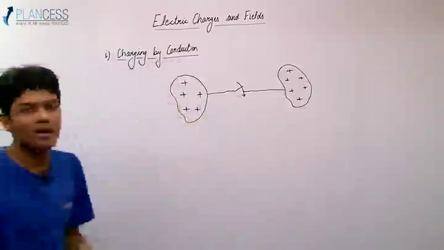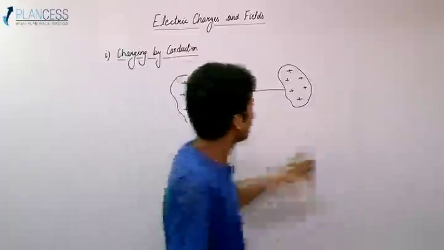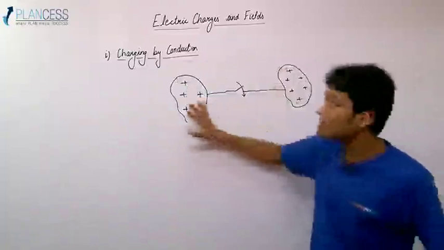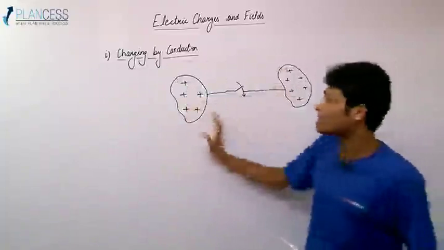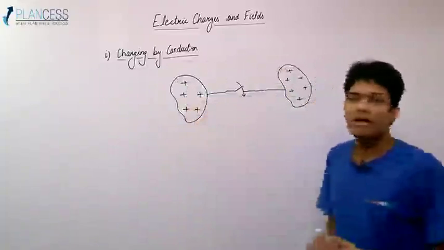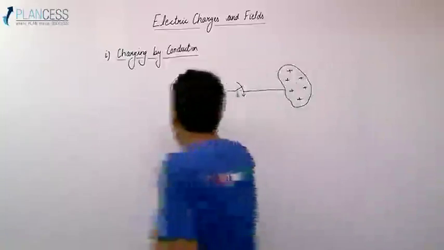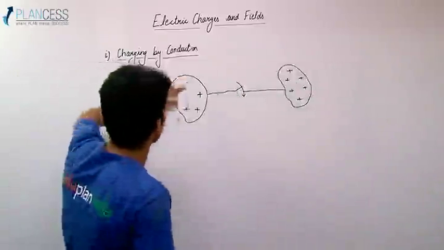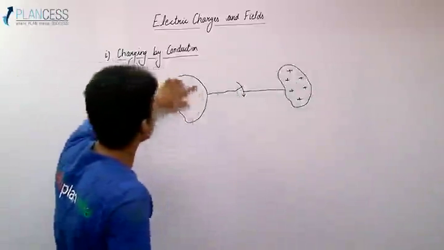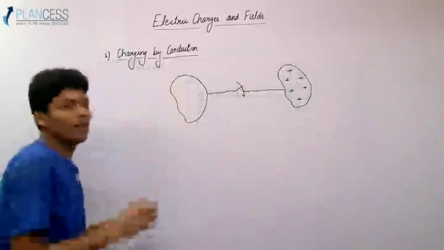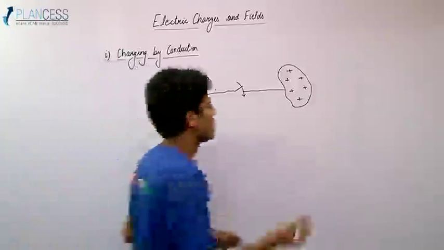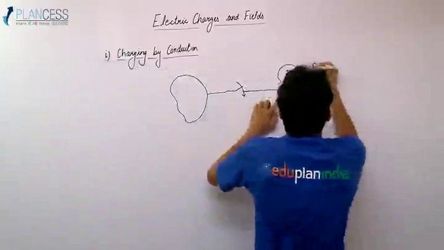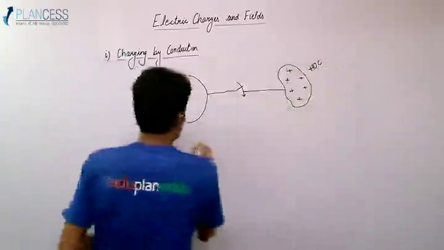This is charging by conduction, and as we proceed in this chapter, you will study why these charges move from a positively charged body to a neutral body and under what laws they move. One important point to note here is that, let's say, this neutral body and this charged body were both similar in shape, size and mass, and initially this body had +10 coulomb of charge.